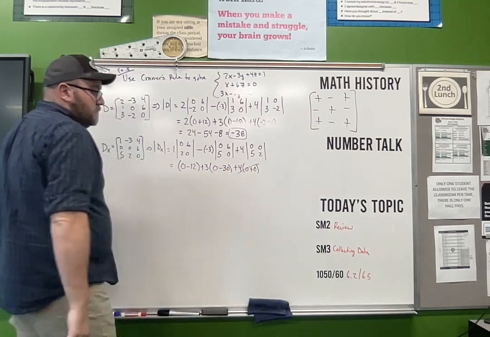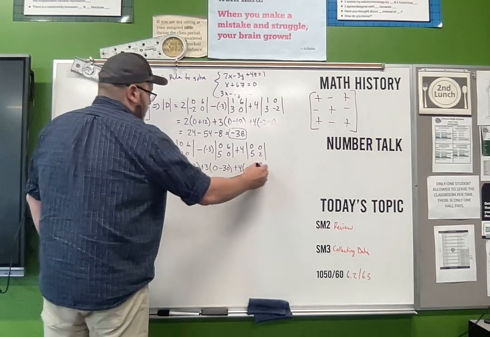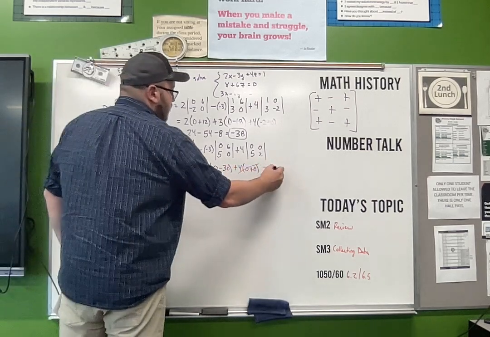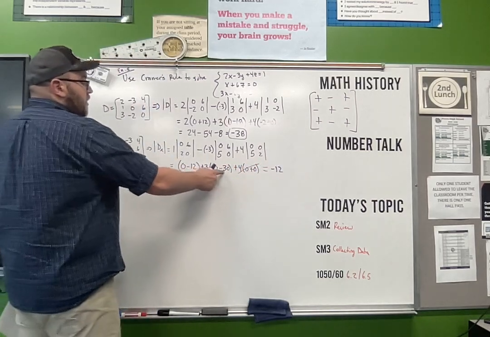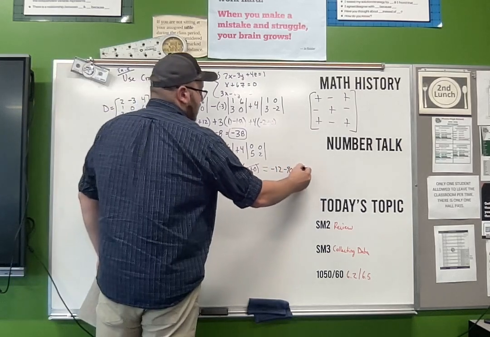This cancels, right? 4 times 0 is 0. 0 minus 12 is negative 12. 0 minus 30 is negative 30 times 3 is negative 90. So we get negative 102.